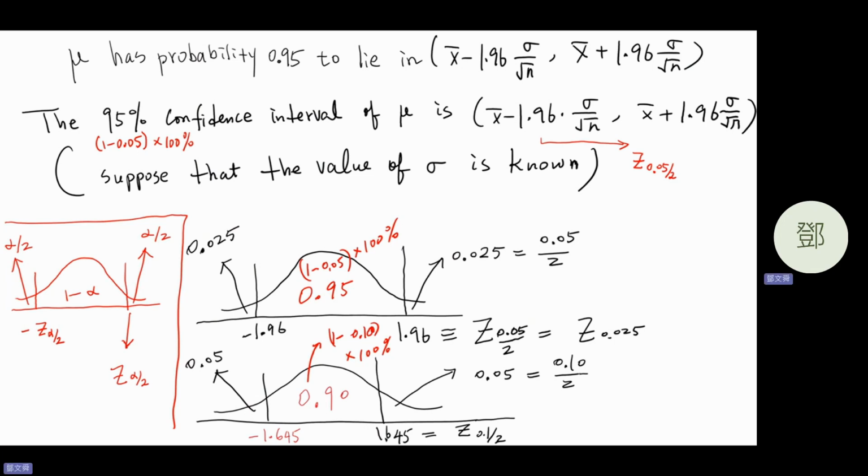If it is 1 minus 0.10, then here it is 0.10, and so is this. Now if it is 1 minus 0.05, then here it is 0.05. So if it is 1 minus alpha, what is the critical value here? It should be Z sub alpha divided by 2.